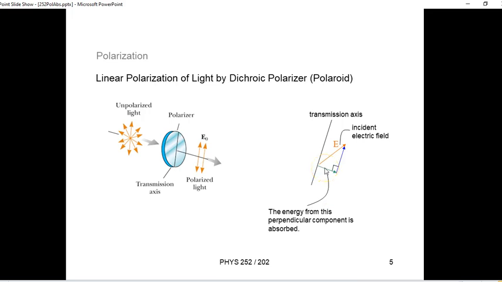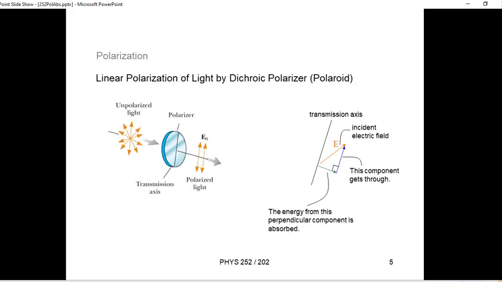That can drive the electrons efficiently. The parallel component, the electrons can't get the energy efficiently. They can't travel very well in that direction. So that component gets through. So mathematically, this dichroic polarizer is selectively allowing just that parallel component of the field through.